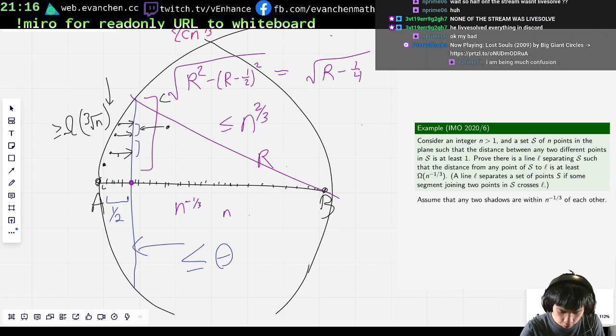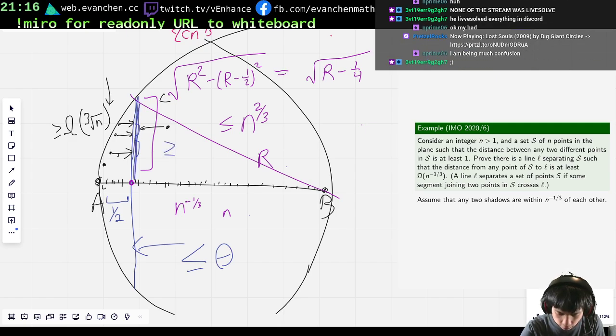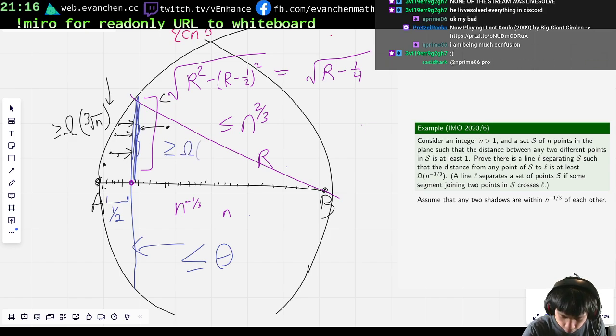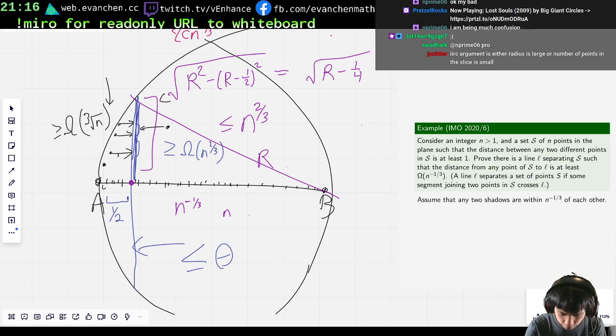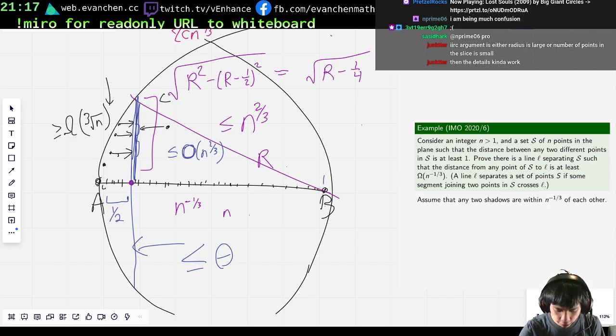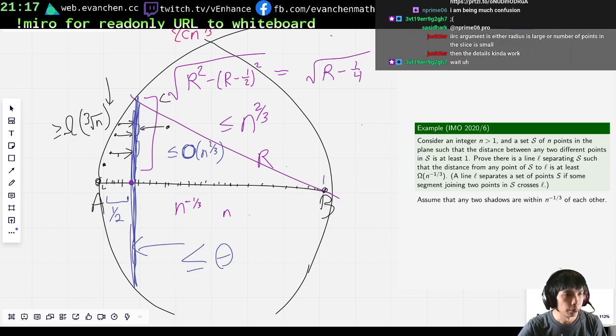This blue segment here is at most, so I should write big O, okay, there we go. I see what's going on. This blue segment is at most O of n to the 2/3, right? By the Pythagorean theorem.